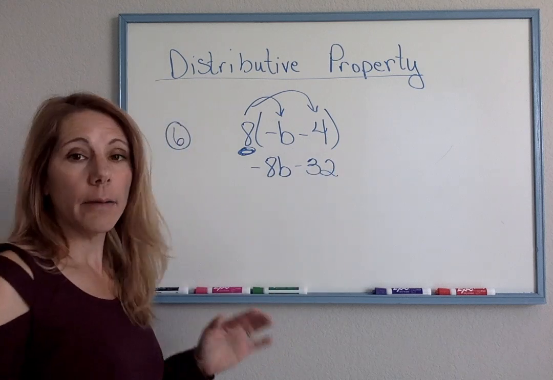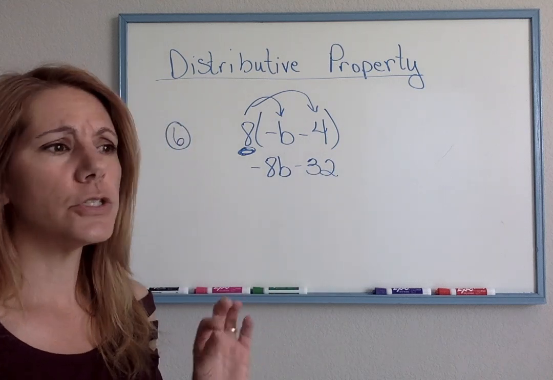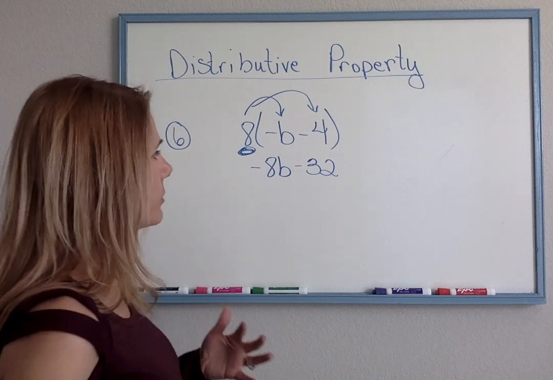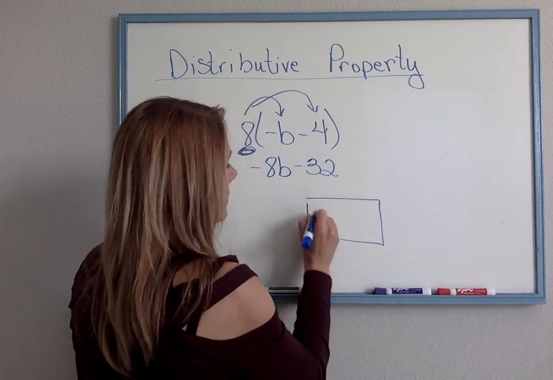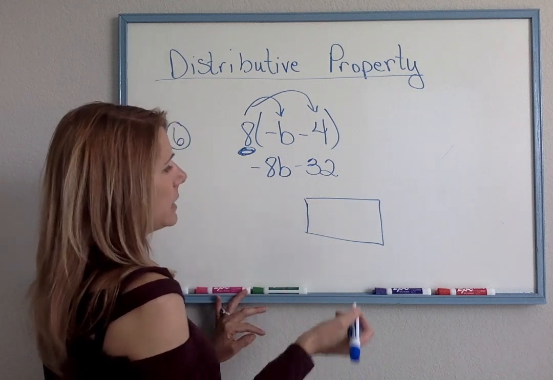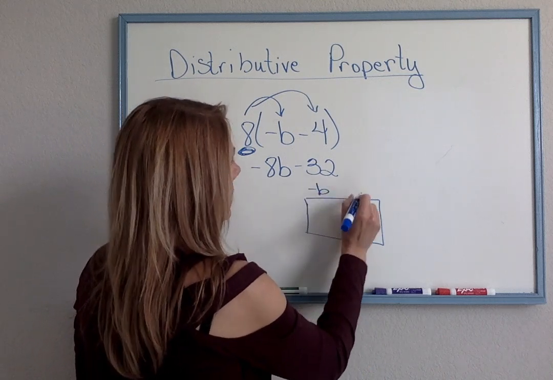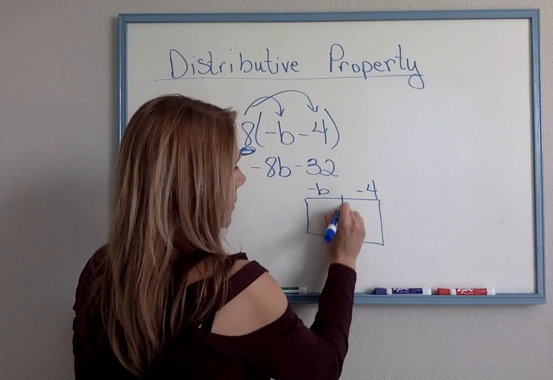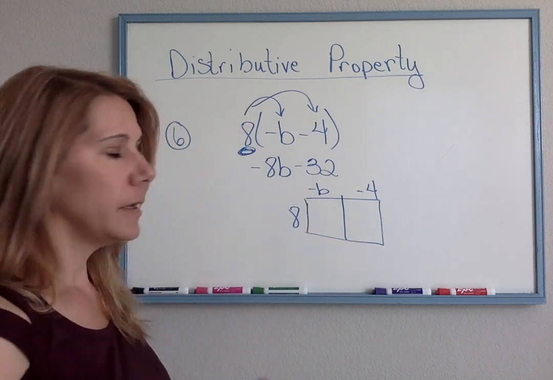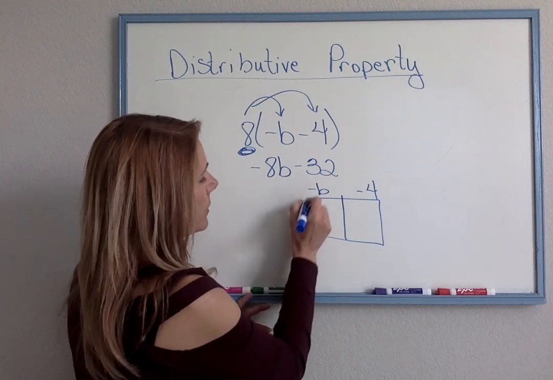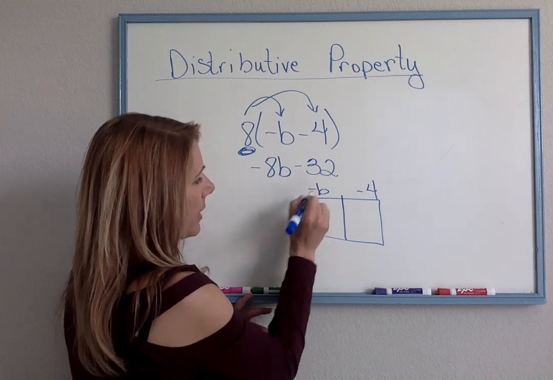Now, I'm okay with that, but you have to be so careful. That's what I love about the box. If I chose to use the box here, I wouldn't even have to worry about my signs. I would literally put negative b and minus 4. Okay? And then on the outside, I've got my positive 8. So with the box here, I would make sure that I'm multiplying by the negative.